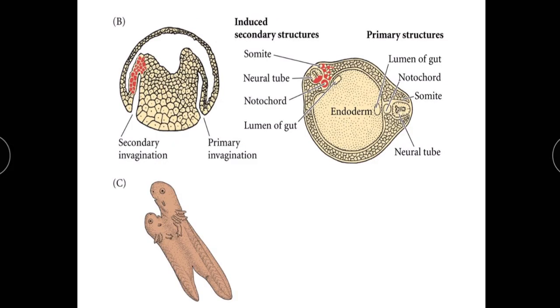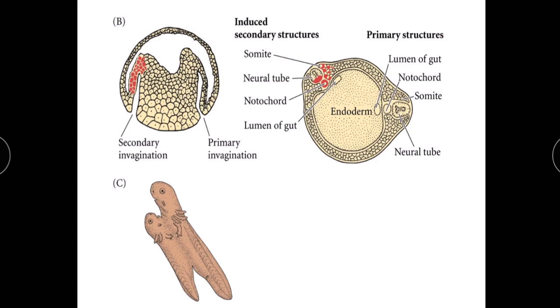So what is the moral of the story? The moral of the story is that the dorsal blastopore lip is the only region in the gastrula which has a fixed fate.